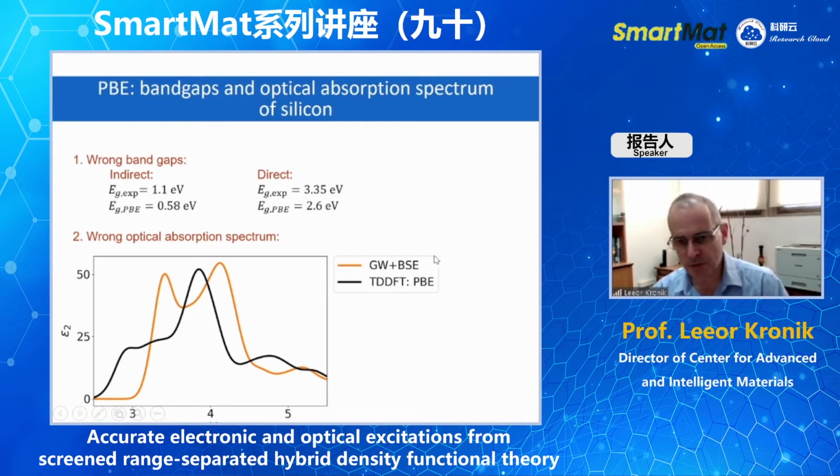That's not so important. The important thing is that it's a more precise wave function-based method. So that's our reference. If we do time-dependent DFT with PBE, which is a type of a GGA, you see that not only is the onset of absorption wrong, we can maybe live with that because we know the gap is wrong, but the entire line shape here is wrong. So the entire prediction for the optical absorption spectrum is actually bad, and we should do something about that.